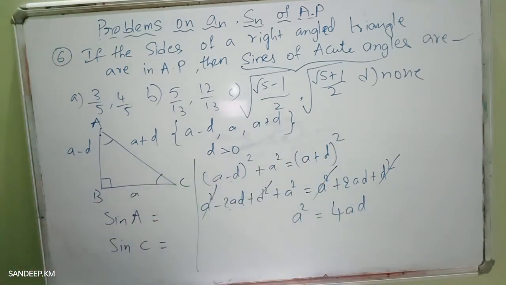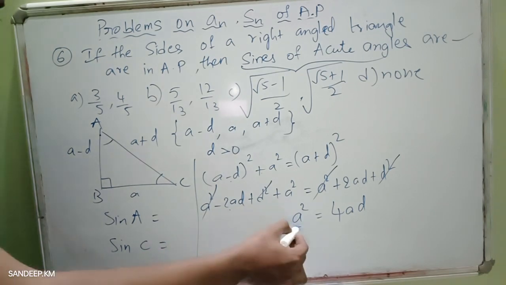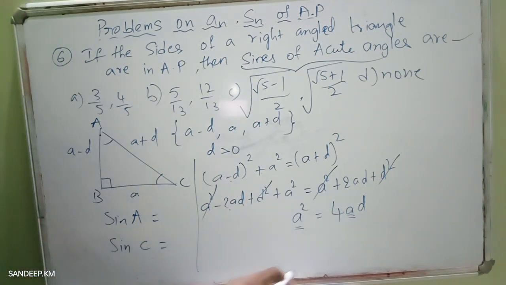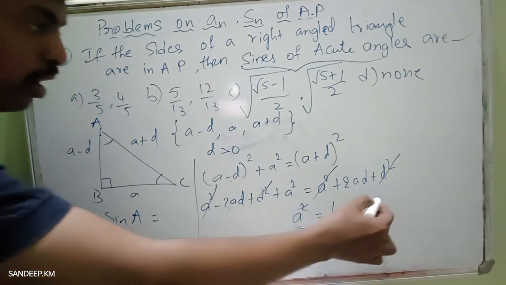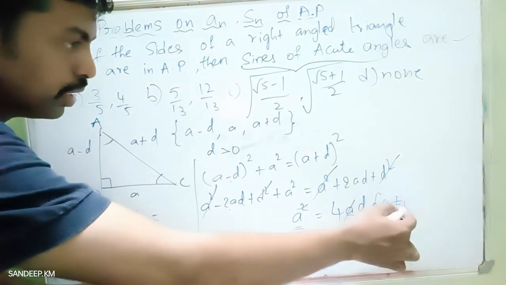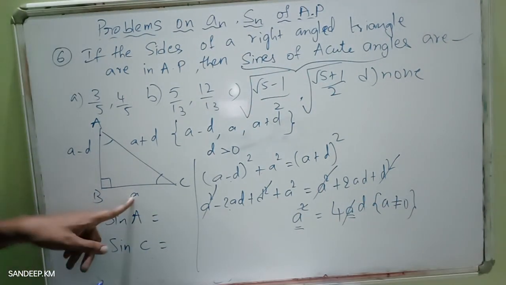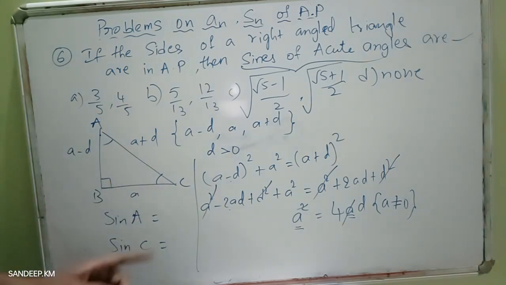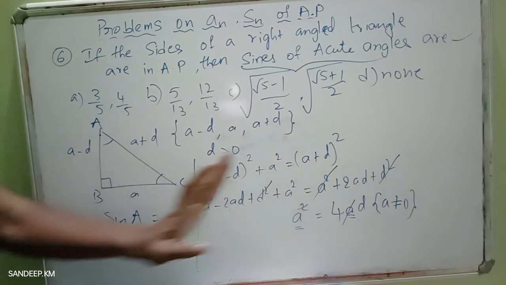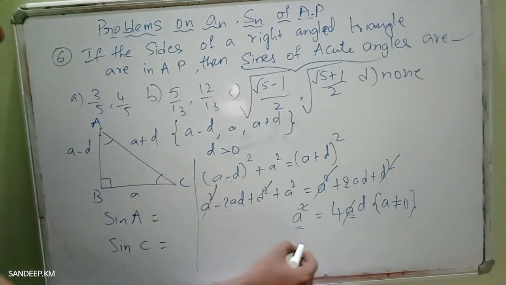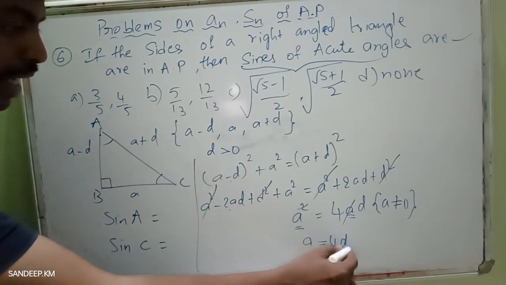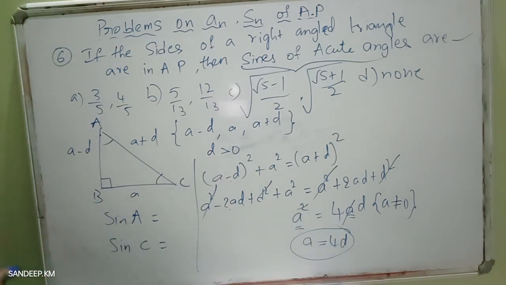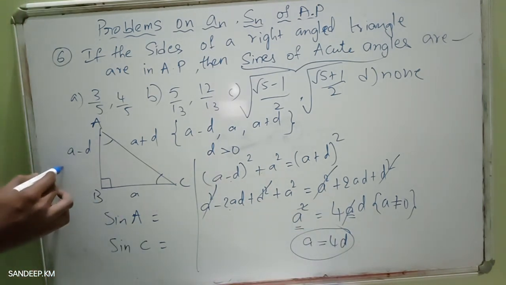And remember one thing: here A is there, here also A is there, right? I can cancel it because A is not equal to 0, because it is a side of the triangle. A cannot be 0. There is no such triangle in which the side is equal to 0. Since A is not equal to 0, I can happily cancel it. Therefore, what I got here is A is equal to 4D. So, dear students, what is the first side?